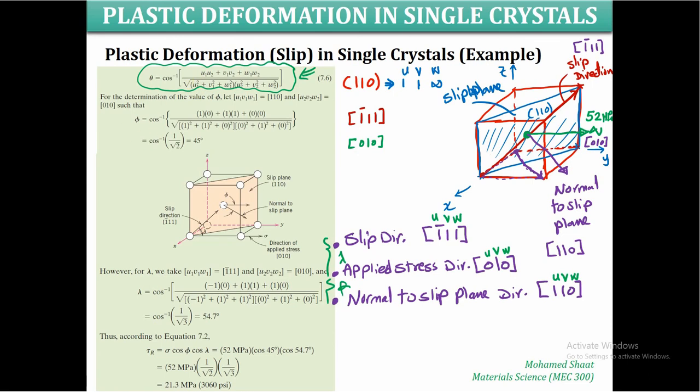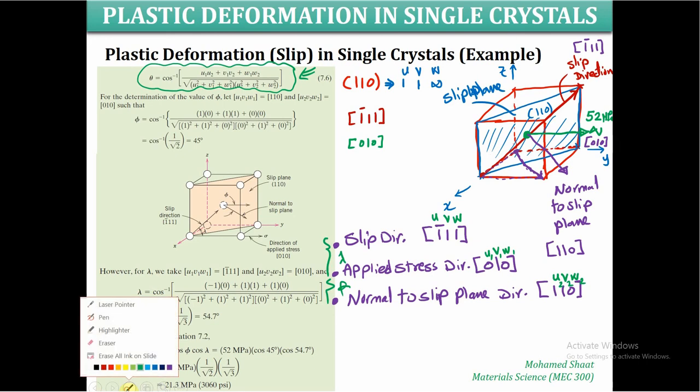Make sense? So as we mentioned, the angle phi is the angle between the applied stress, which has these three indices, and the normal to the slip plane, which has these three indices. Let us assume this is U1 V1 W1 and this is U2 V2 W2, and plug this data into the expression to get phi.